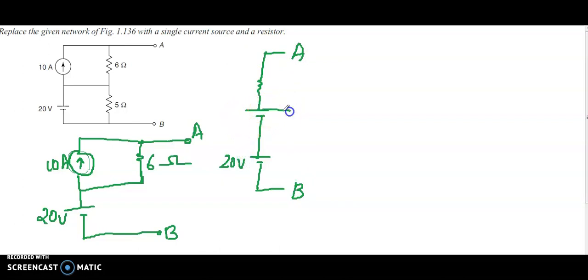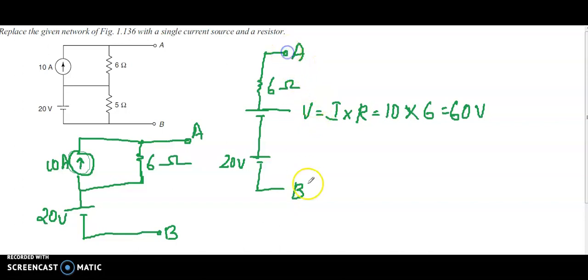So here we have V is equal to I into R, where I is equal to 10 and R is equal to 6 ohm. Therefore, V is equal to 60 volt and R is equal to 6 ohm. So we have rearranged the circuit like this.